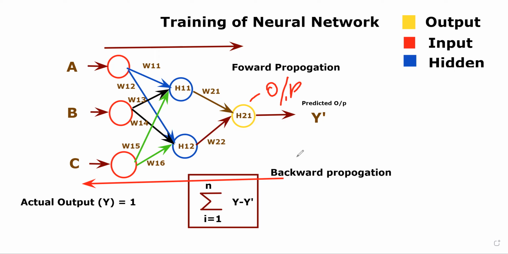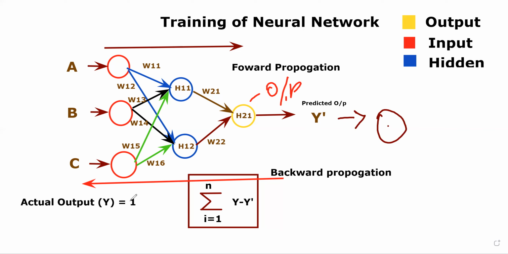If it is positive it should return 1, if it is negative it should return 0. We pass one statement like "this movie is good." This is a positive statement, so the actual output should be 1, but our model is predicting 0. So the actual y value should be 1, but the predicted value y dash we are getting as 0.